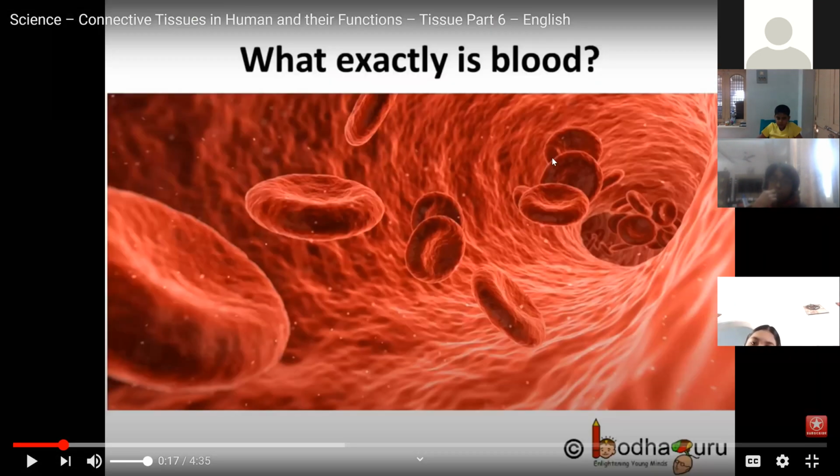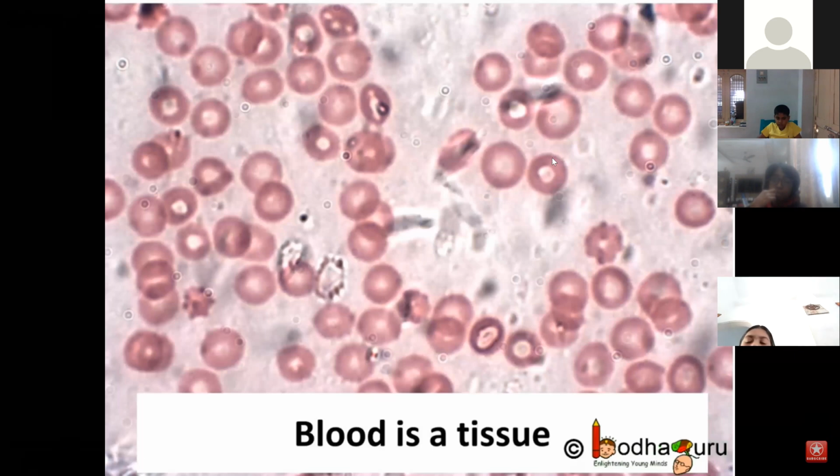But what exactly is blood? The blood may look like a red liquid, but it has different cells and it is also a tissue. Blood supports other tissues by providing nutrients and connects them. For example, lungs send oxygen to the tissues through blood. The digestive system provides nutrients to the tissues through blood.